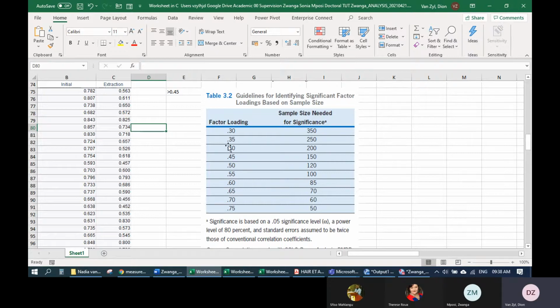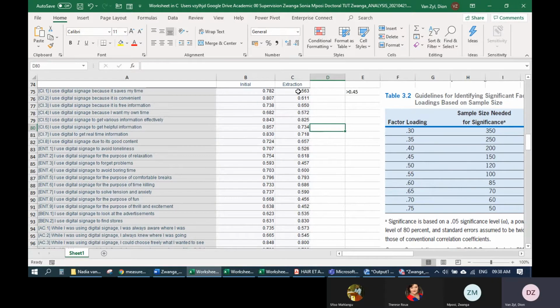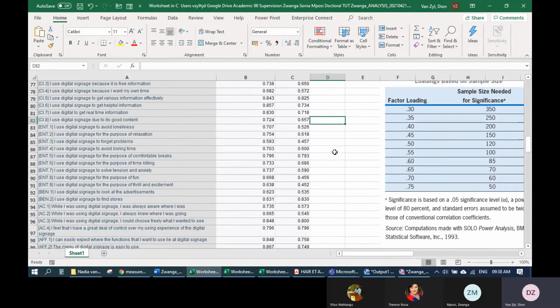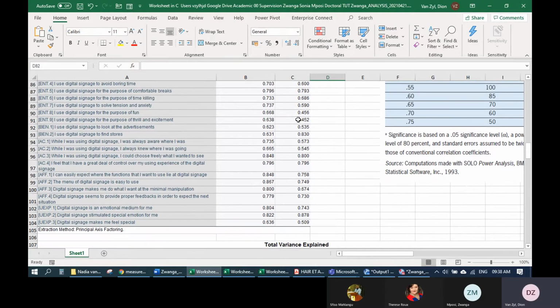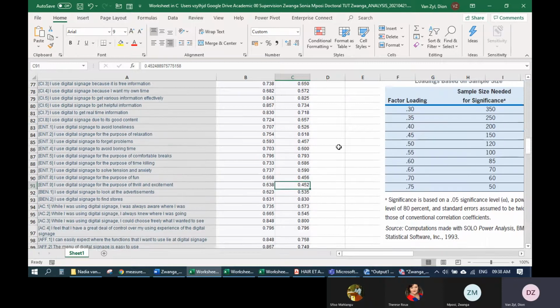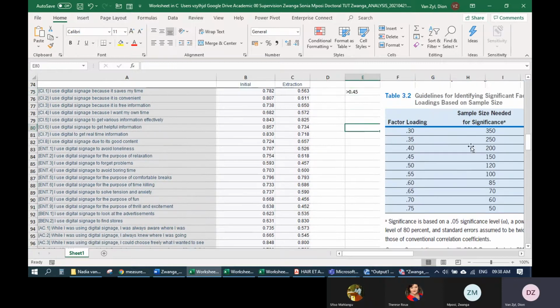So we would like this to be in the region of above 0.45. And if I quickly scan this, all of them are above 0.45. So this already tells me, from a recommendation from here, I satisfy this. So it means that all of my items, I will be able to allocate to a factor. That's basically what it tells us.